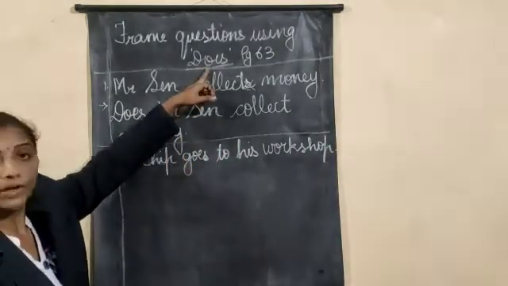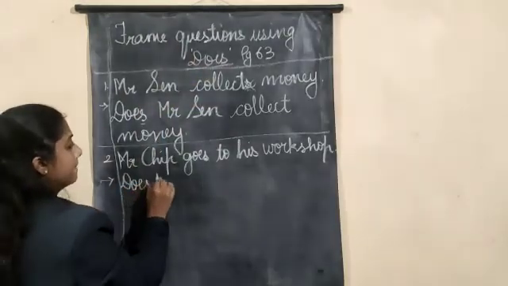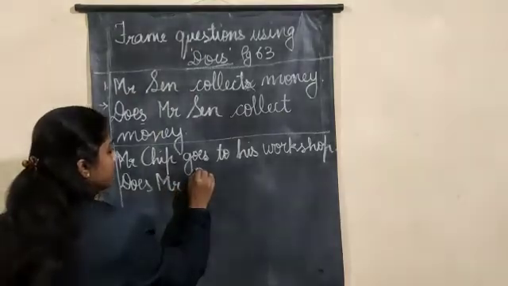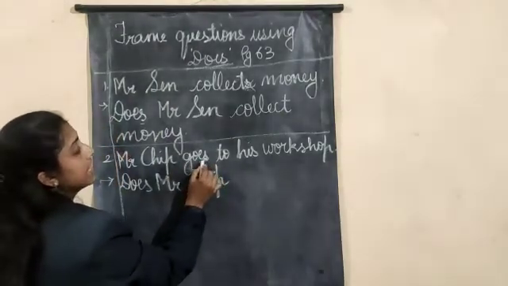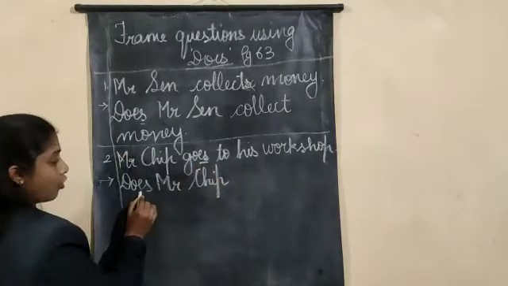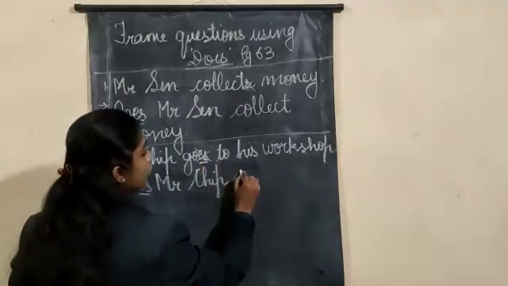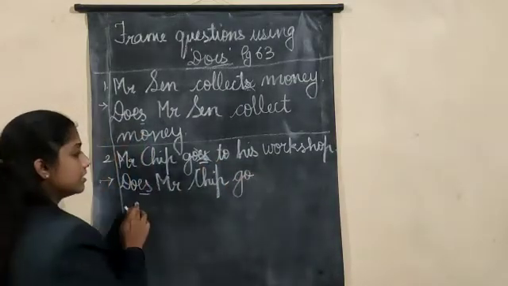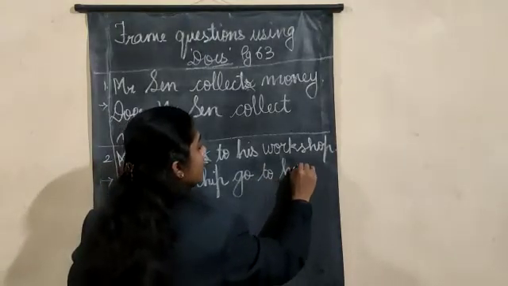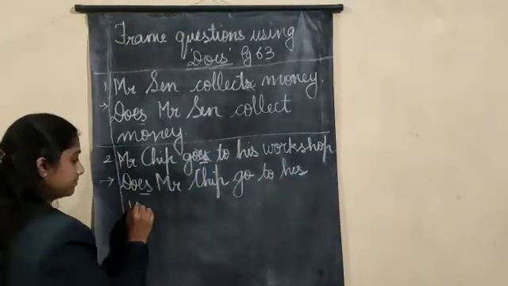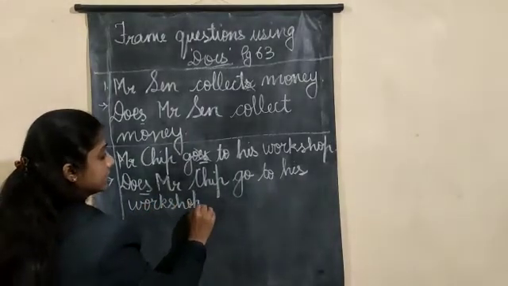So we begin the question with does. So does Mr. Chip. Now here goes. Here ES has already come in does. So we delete this and write only go. Does Mr. Chip go to his workshop? Is it clear?